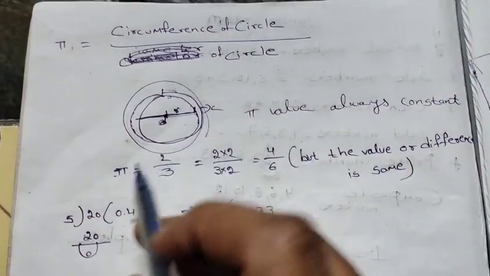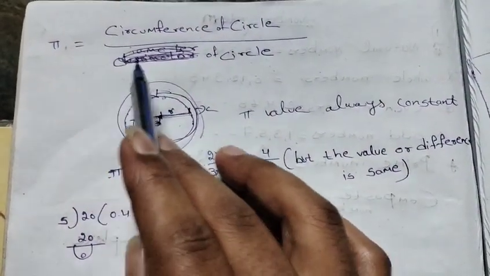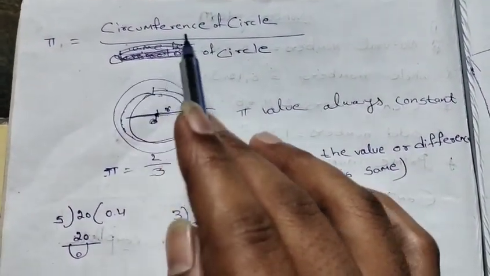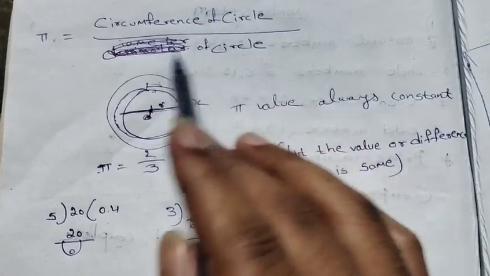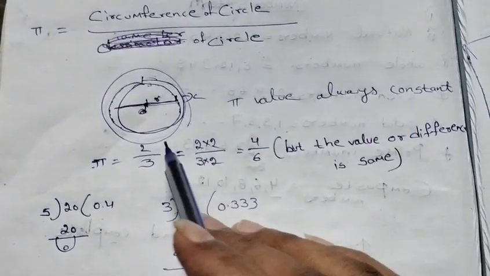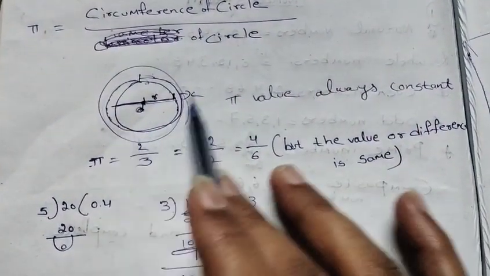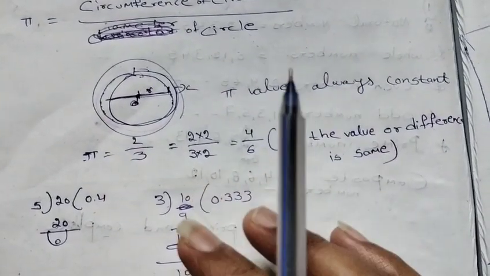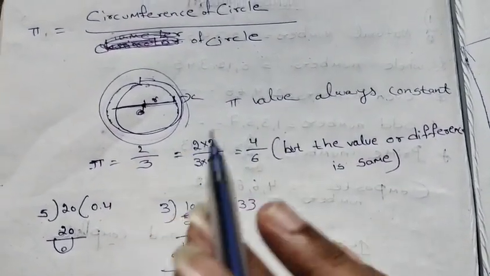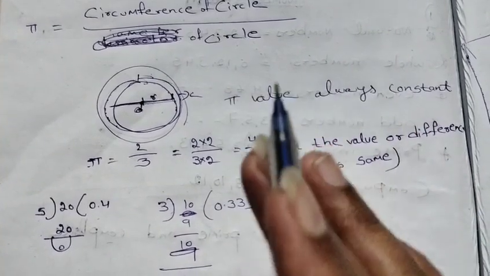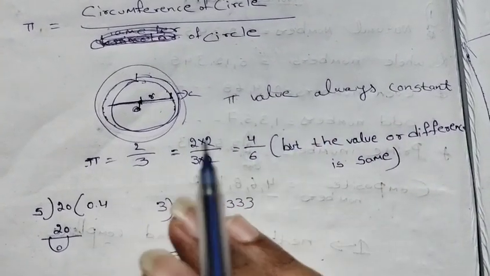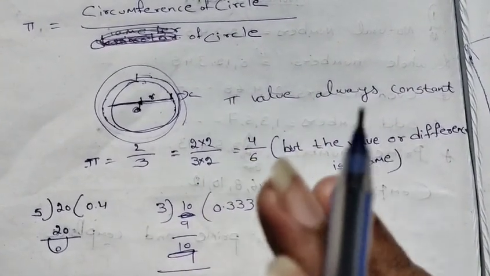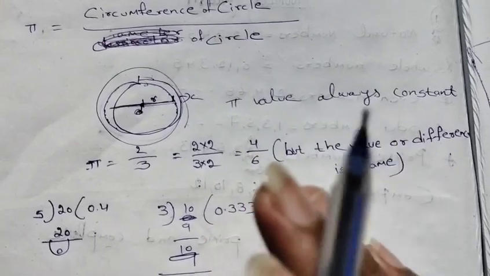We all know pi is the ratio of the circumference of a circle to its diameter. The pi value is always constant, because even if the values increase, the ratio stays the same.